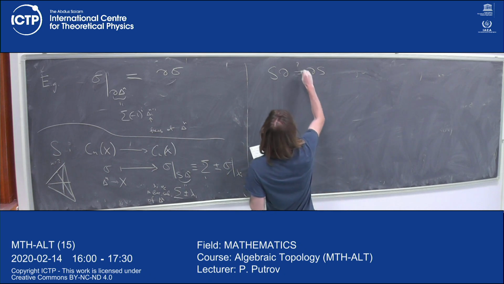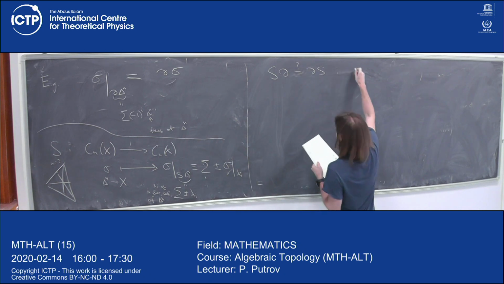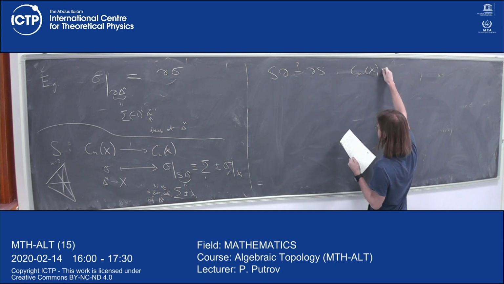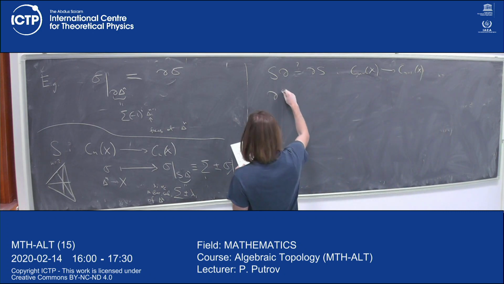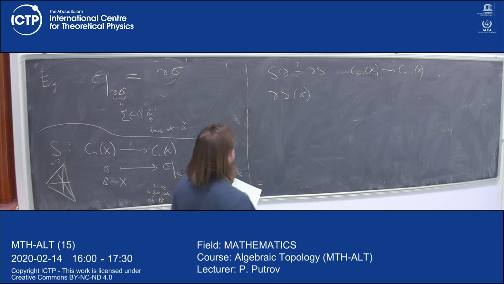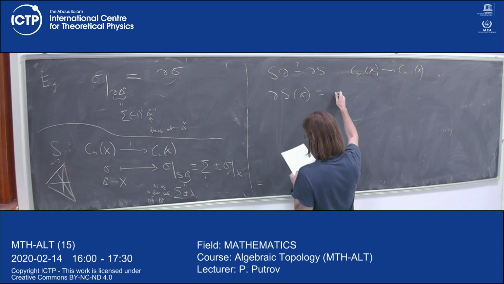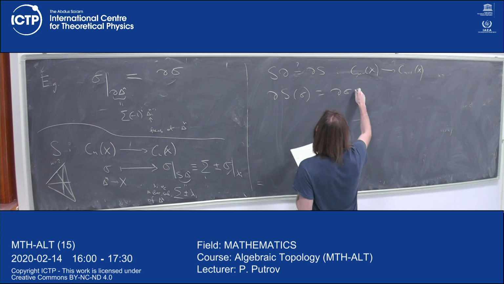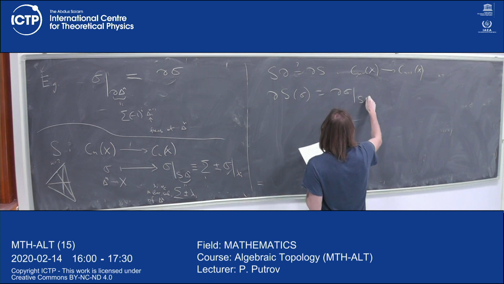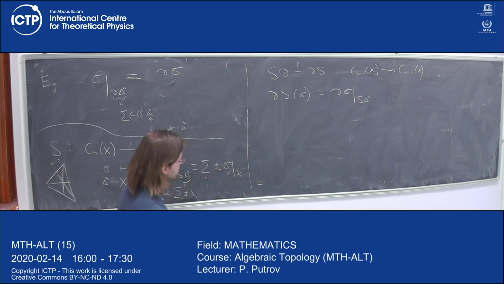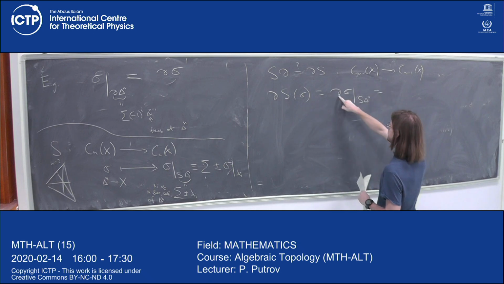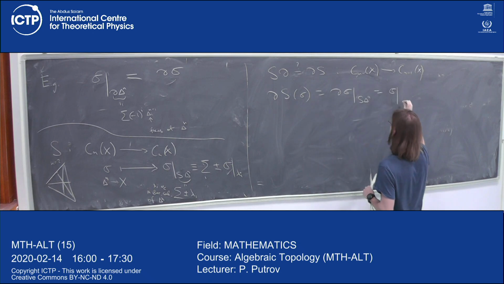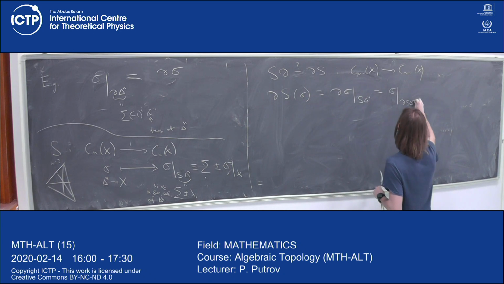So, for example, why is this true? Now it's considered as a homomorphism from Cn of x to Cn minus 1 of x. So, okay, if you act on the left hand side on some generator, by definition this is the same as d of S σ, that is σ restricted to S on Δn. So if I first act by S on σ, then d I can understand as σ restricted to d acting on Δn.